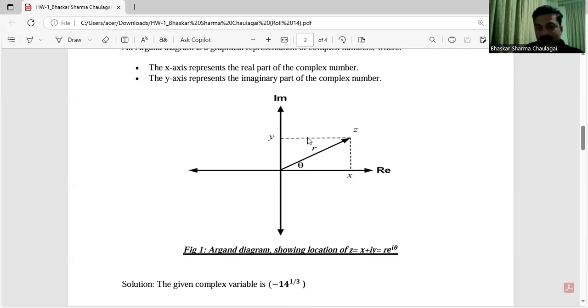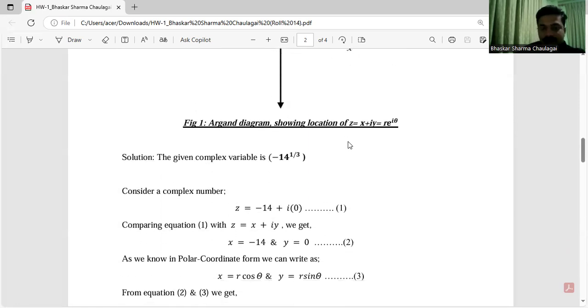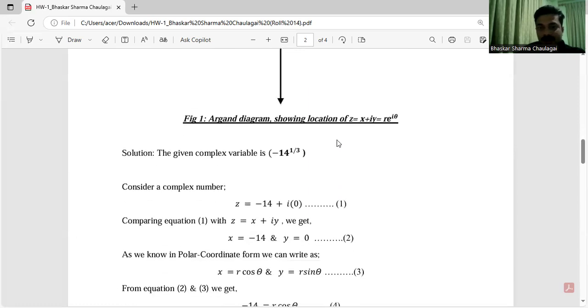As you can see, it looks like a vector, and the angle made by this vector is considered to be theta, and the distance from the origin to the point z is considered to be r. So this was my introduction about the Argand diagram.